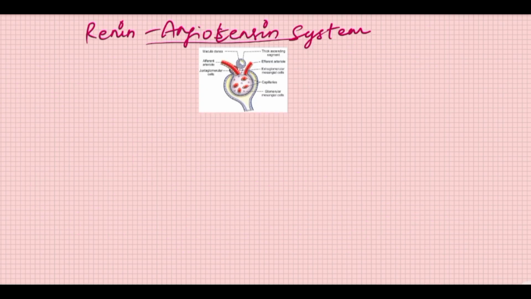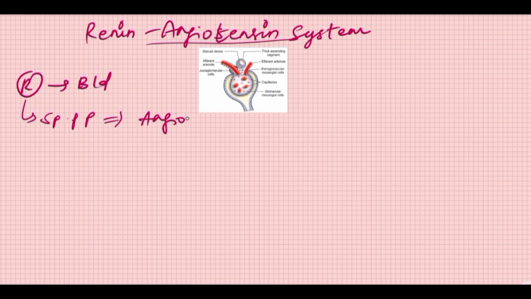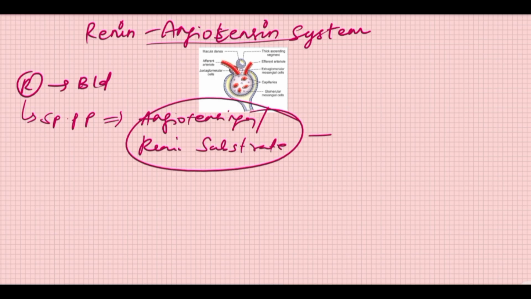Renin-angiotensin system. So, the renin is released into the blood. The renin acts on a specific plasma protein called angiotensinogen or renin substrate. These are called alpha 2 globulin.